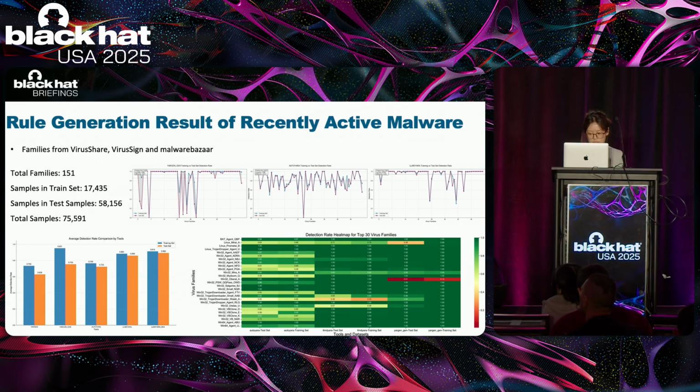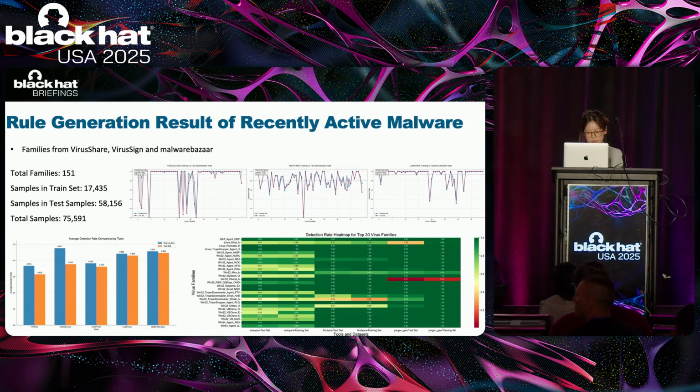Here we show the detection performance of the 3 tools on the top 60 families by sample count for both training and test sets. The heat map below shows detailed detection results on the top 30 families.